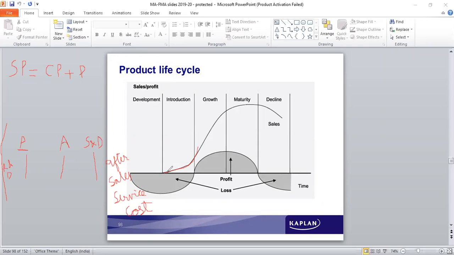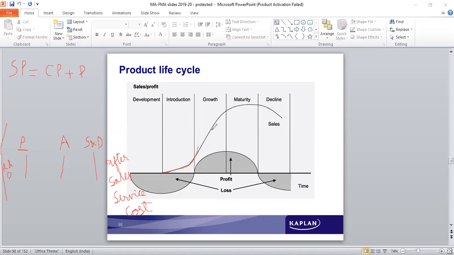But we see here, even before the product is introduced into the market, certain research and development costs are incurred. Then they start selling the product, that is the introduction stage. Initially, very few units would be sold. Once the customers get to understand the product, then the sales keep rising.